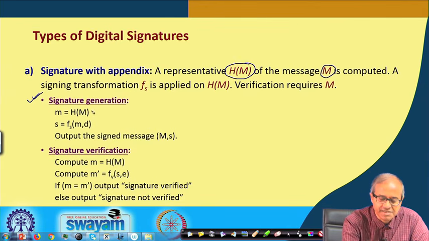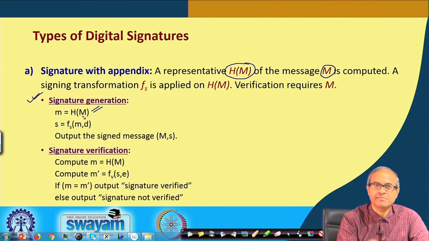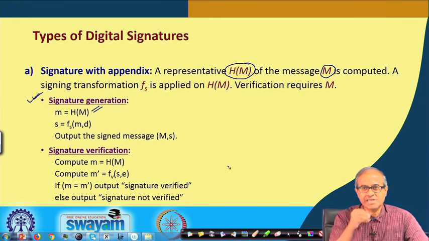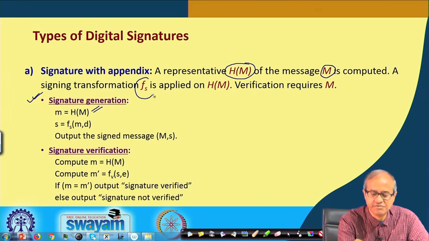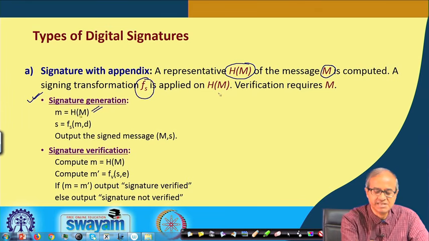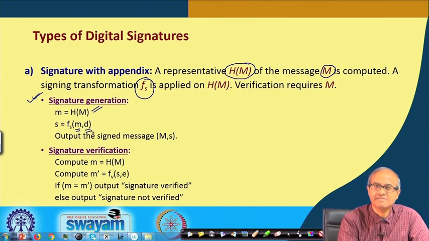So, in the first step you see here, we say small m equal to h of capital M. We generate the hash value of the message and generate a hash digest small m. Then we sign on that hash value. A signing transformation Fs is applied on this small m. So, on this small m, I do my signature using my private key.